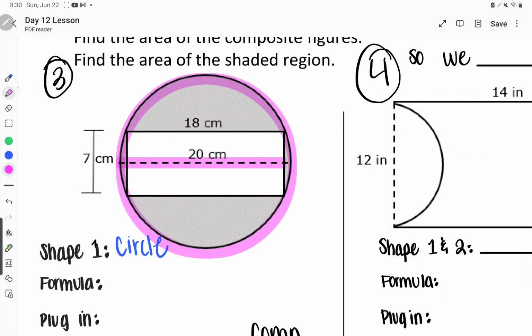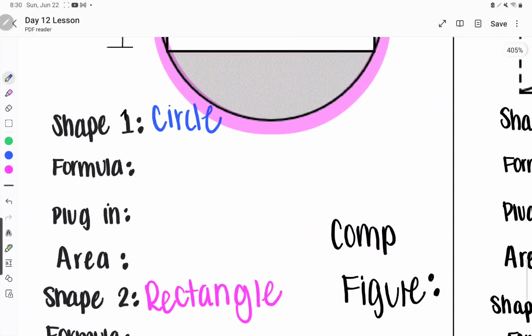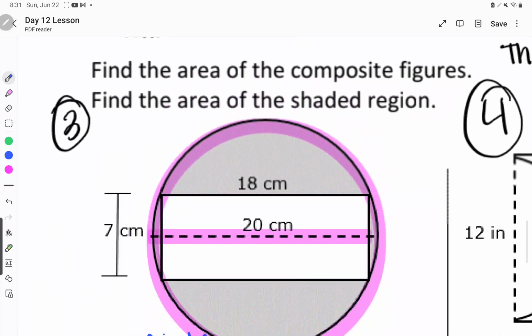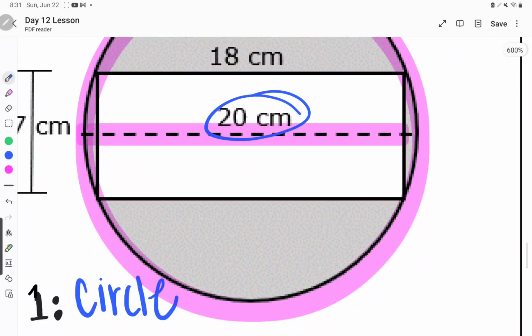All right, let's write down our formula. Our formula is area equals pi times radius times radius. Now, is this 20 right here a radius or a diameter? It's a diameter because it goes all the way across. So how do I go from a diameter to a radius?